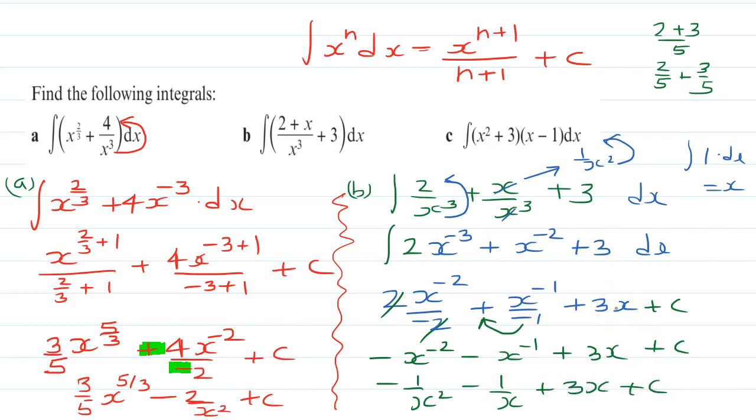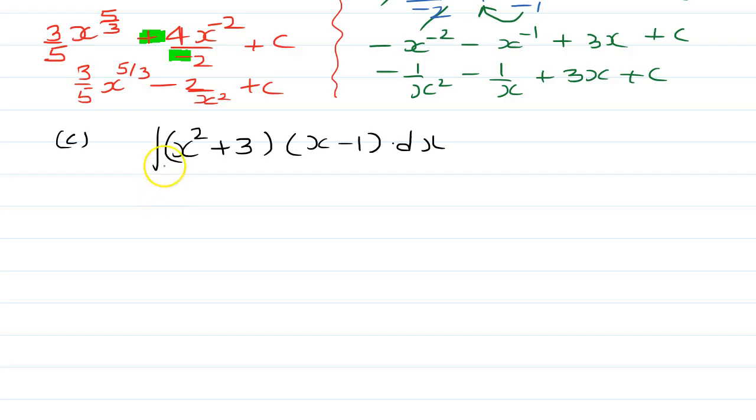Let's see the c part. In this part, what we can do is multiply x squared with x. So it will be x to the power 3, x squared with minus 1, so it is minus x squared, 3 with x, that is 3x, and 3 with minus 1, that is minus 3, and this whole thing is multiplied by dx.